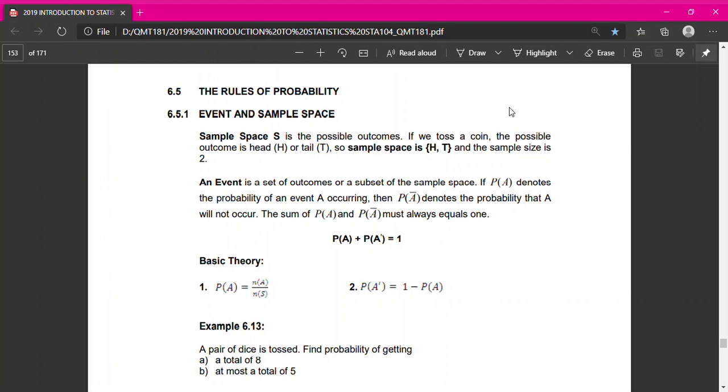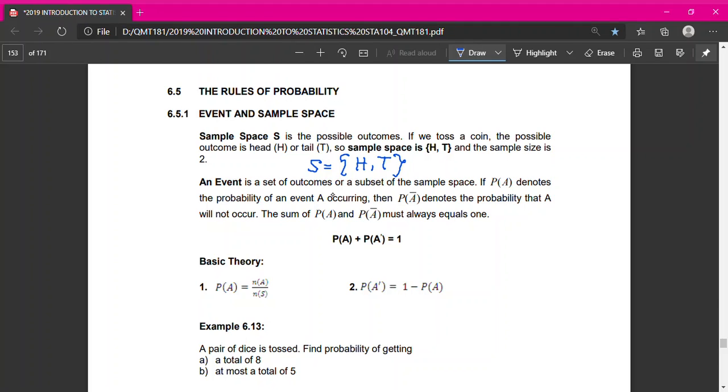So the sample space will be in bracket H and T. Ataupun boleh tulis macam ni. Notation untuk sample space adalah S. So S equal to, in bracket, head and tail. Okay, ini sample space. And the sample size is 2, iaitu bilangan of the outcome in a sample space.